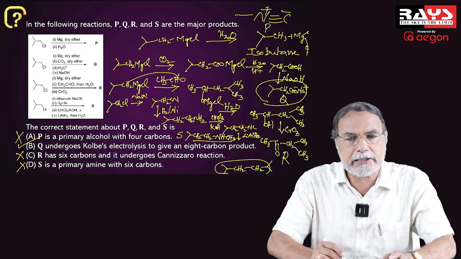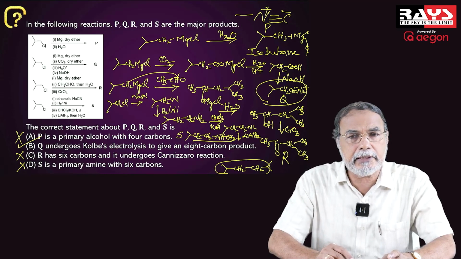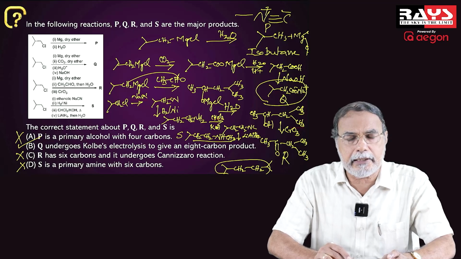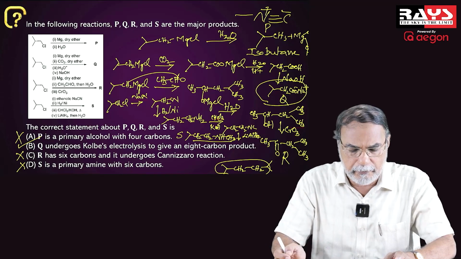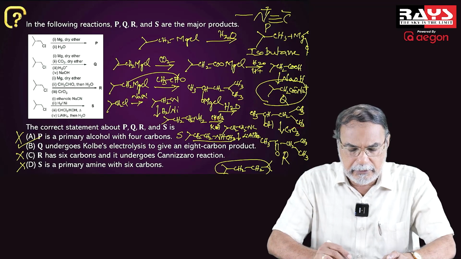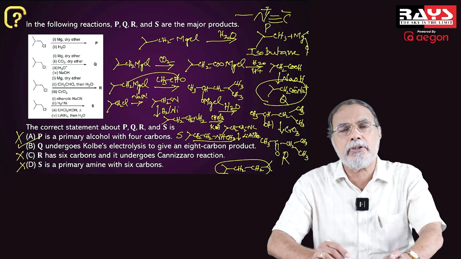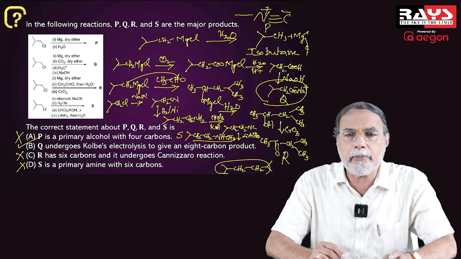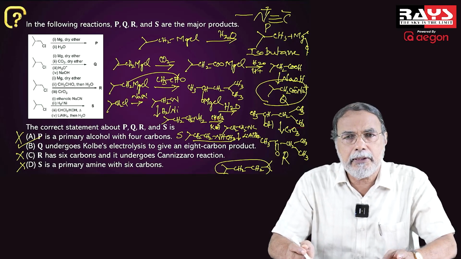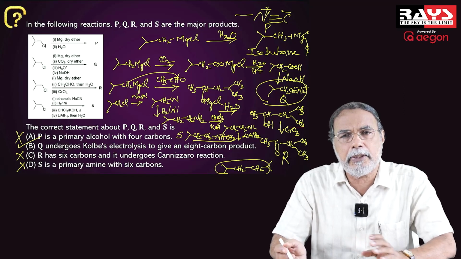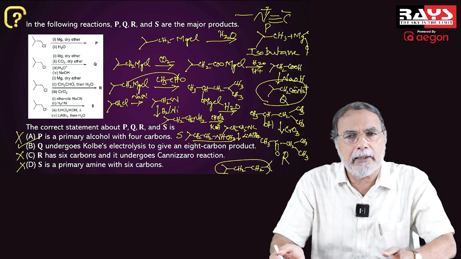And the third is the formation of the Grignard reagent and addition of the Grignard reagent to an aldehyde to give a secondary alcohol, which on oxidation gives a ketone. And the last is the nucleophilic substitution of chlorine by cyanide group, followed by reduction of the cyanide group to CH2NH2, again followed by the carbylamine reaction with the chloroform alkali, followed by reduction with the lithium aluminum hydride.